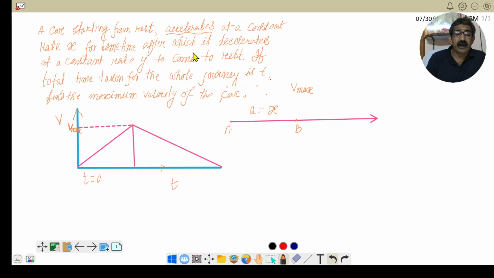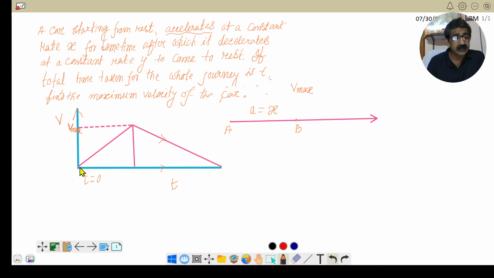It then decelerates at a constant rate to come to rest. That means the velocity decreases, and ultimately the velocity becomes 0. So at this point velocity again becomes 0.